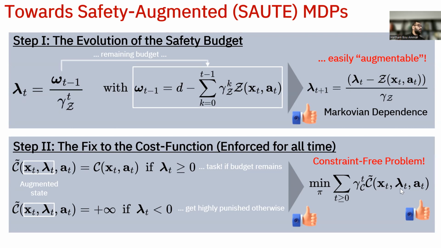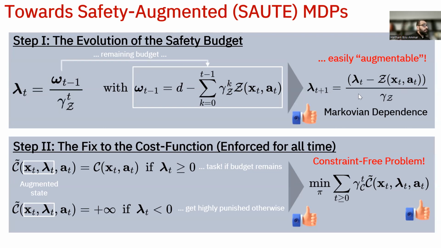xt and lambda t. So this in turn allowed me to transform the constrained RL problem back into a Markovian-looking problem, by doing state augmentation, where I augment my state variable with this new variable lambda t, which has a Markovian evolution.